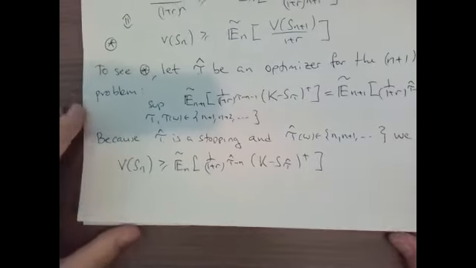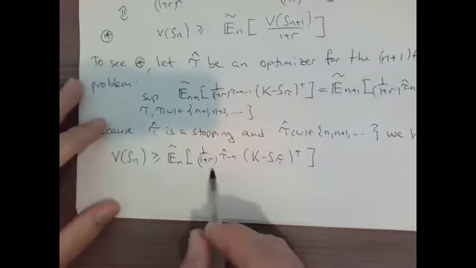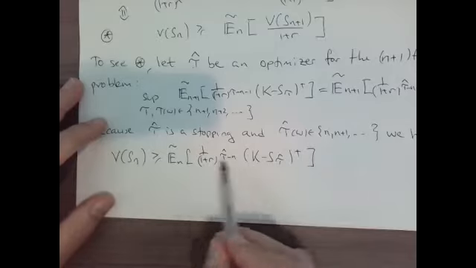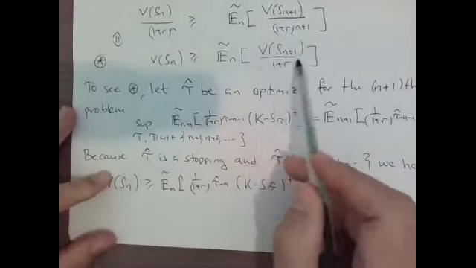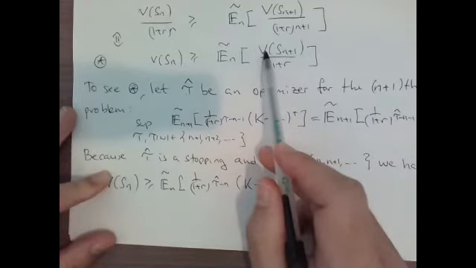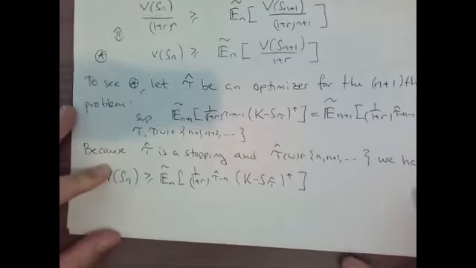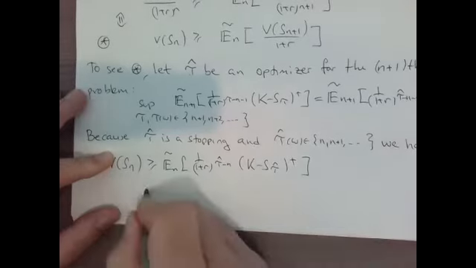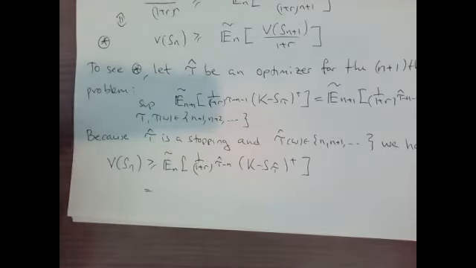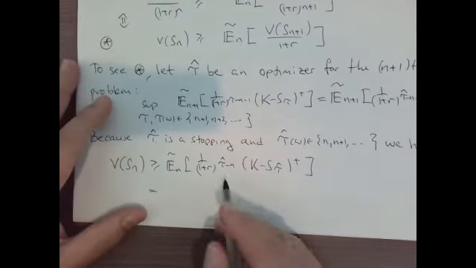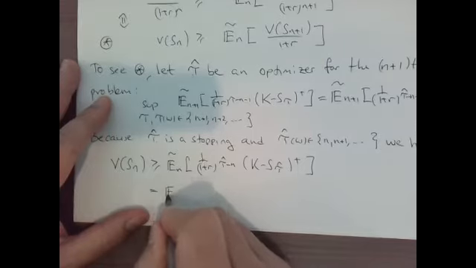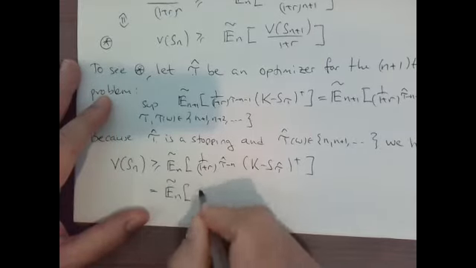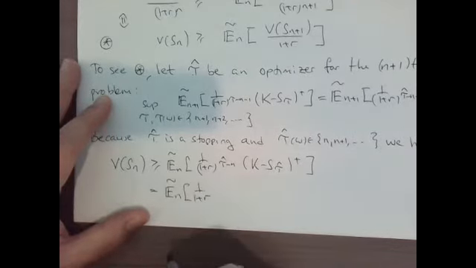And so let's start to work on what we have inside the expectation. Here we need to relate that to something that looks like what we have up here. I need to have something here with an n minus 1. So let's try to do that first. I have 1 over 1 plus R here.